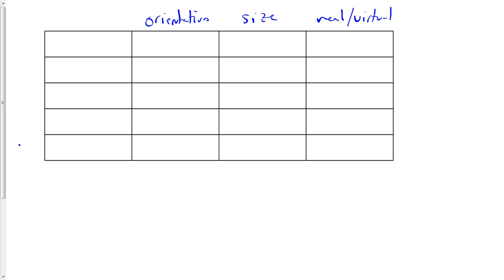You can get away with not memorizing this chart, but it certainly speeds up the process. Five possible places that you can have an object. Object place.